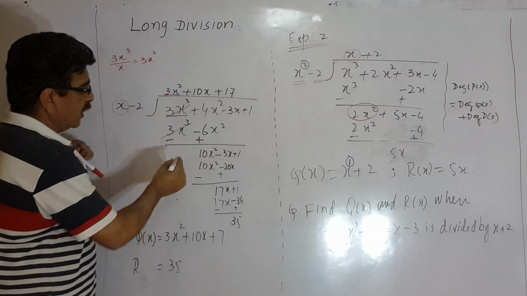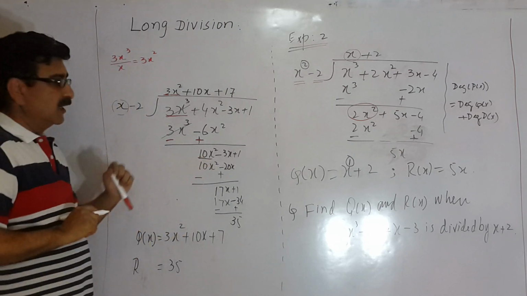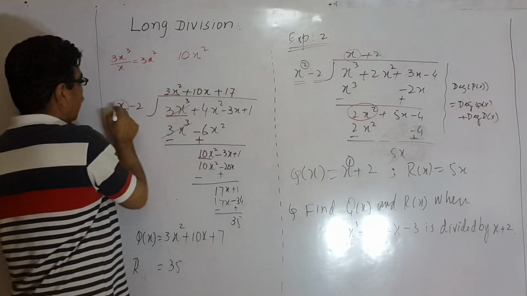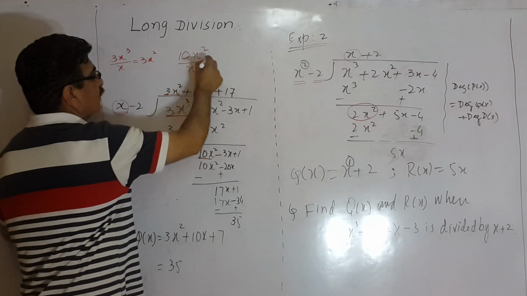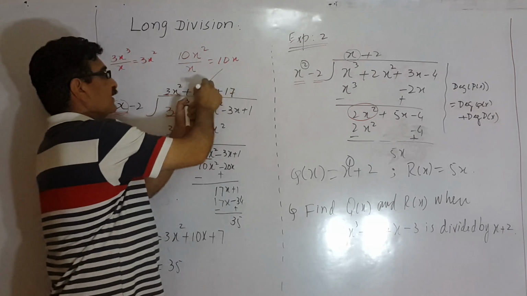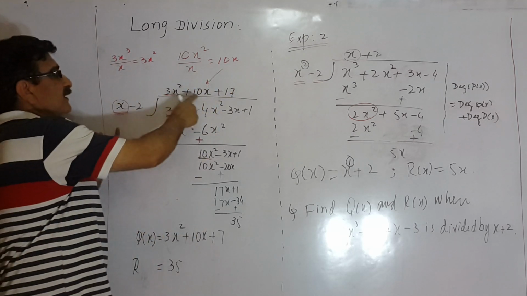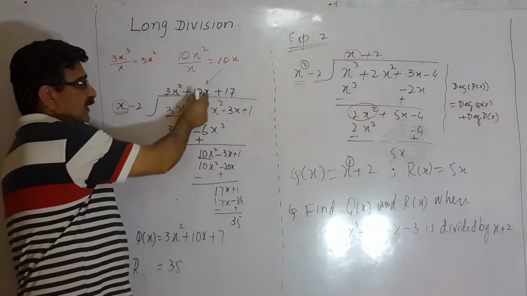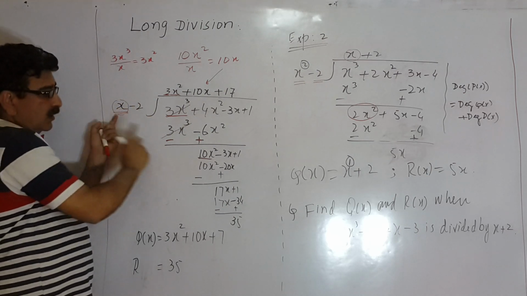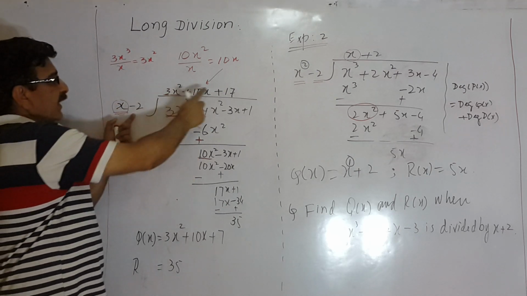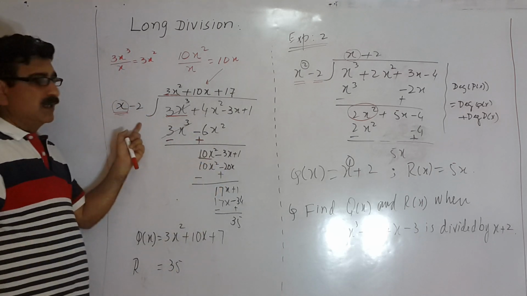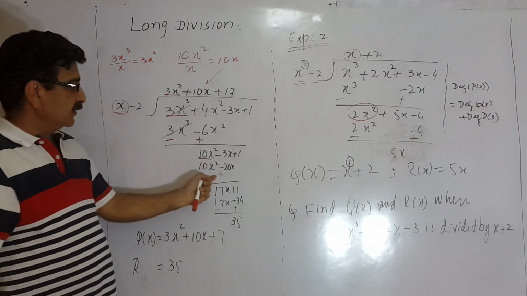Now the next step, also consider this, and look here, 10x square divided by also the first term, and this is 10x, so that is why I write here 10x. Now multiply this 10x with this, and look here, 10x into x is 10x square, and 10x into minus 2 is minus 20x, and again change the signs.